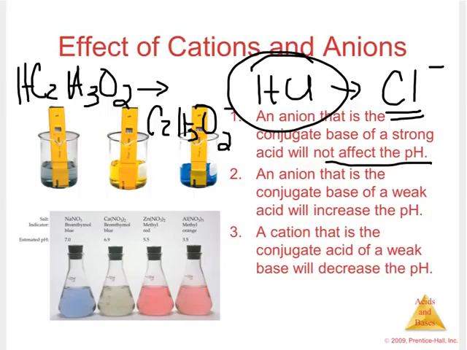And finally, a cation that's the conjugate acid of a weak base is going to decrease the pH, or make it more acidic. So an example of a weak base would be ammonia. And the conjugate acid of ammonia is ammonium. And ammonium has ionizable hydrogens, and therefore, since this is a weak base, the conjugate acid is going to be somewhat stronger, and with that ionizable hydrogen will decrease the pH, making it more acidic.